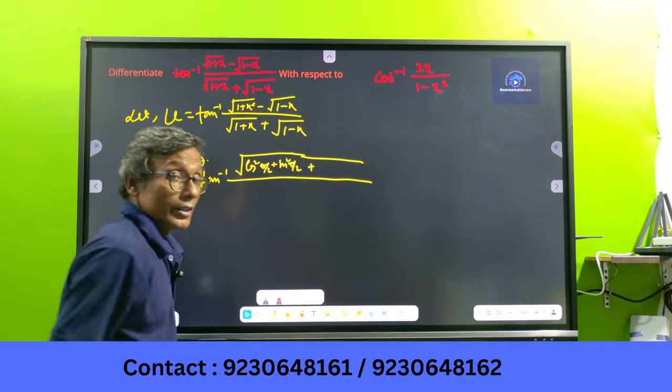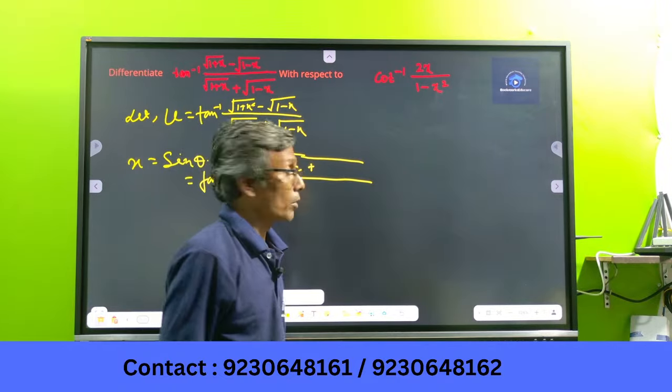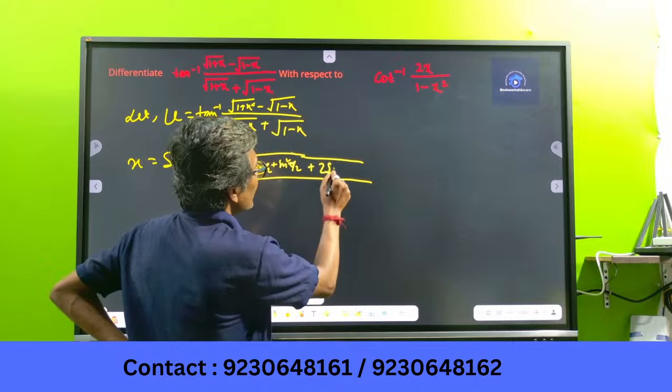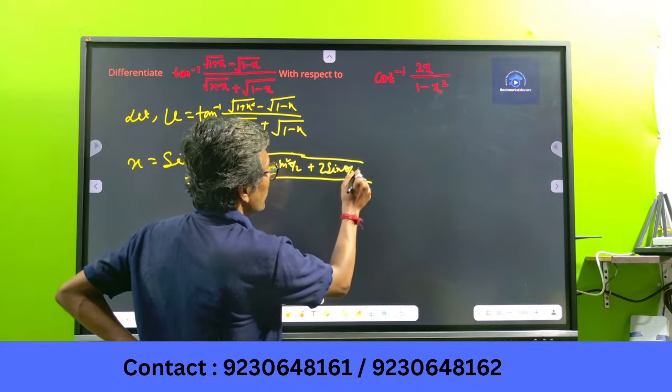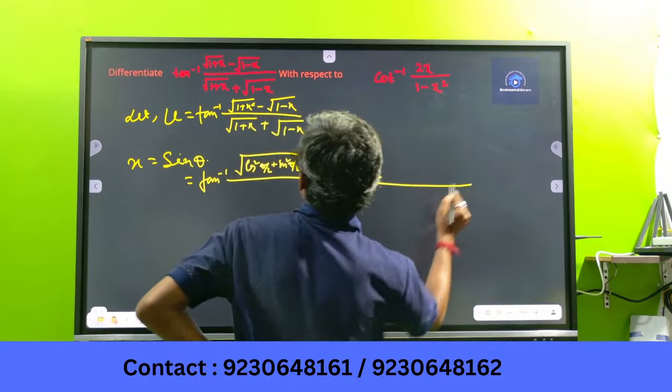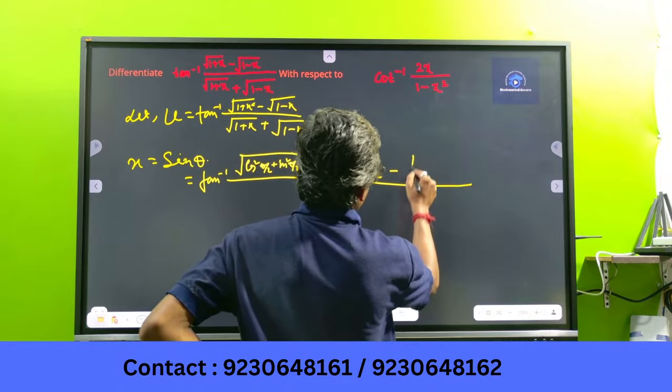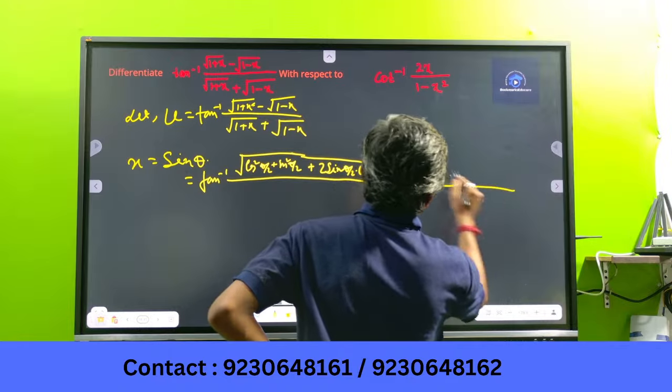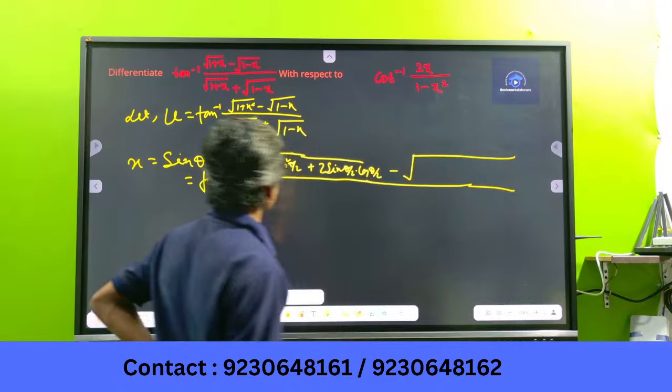Sine theta means, using the submultiple formula, 2 sine theta by 2 into cos theta by 2. Minus, this can be done in the same way.